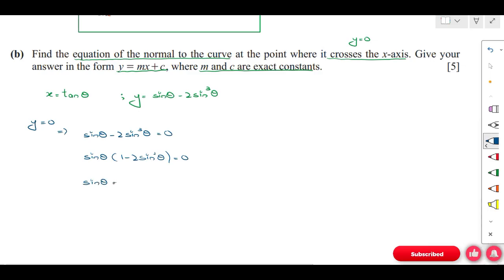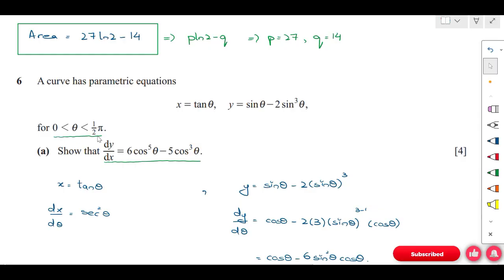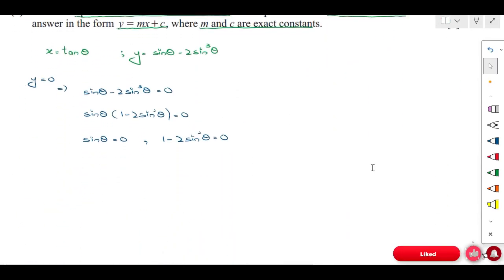So here sine theta is equal to 0, or 1 minus 2 sine square theta is equal to 0. What is the range for theta? 0 to pi by 2 in the first quadrant. So the range of values of theta is from 0 to pi by 2.